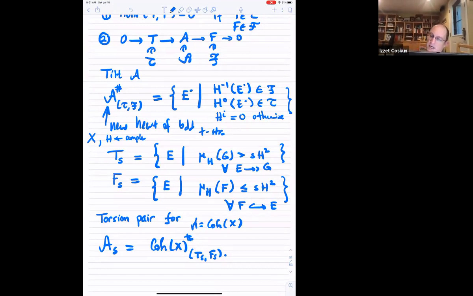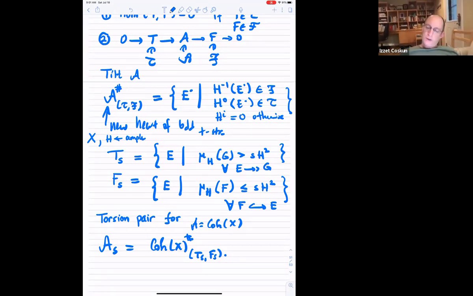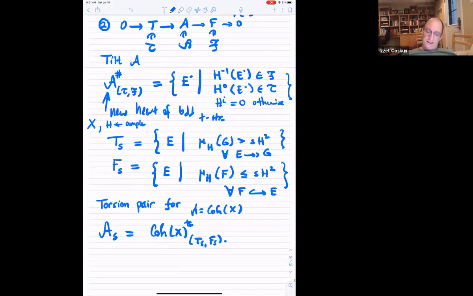This is not entirely correct, right? Because you're really looking at complexes, but to a first approximation, what's happening here is that you consider, instead of just one sheaf, two sheaves together with a map between them, where the domain is in FS and the target is in TS, okay?